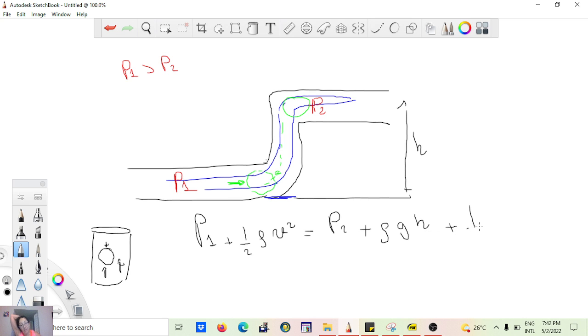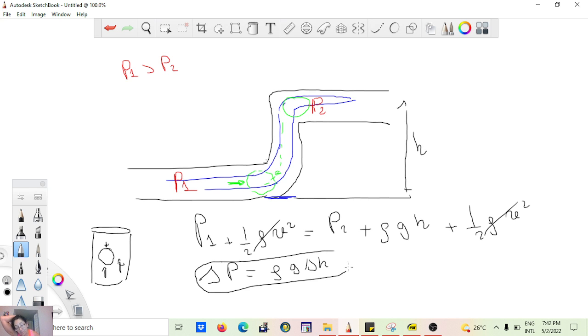And the same kinetic energy, maybe it's not gaining kinetic energy, so I can take that out. And again, we have that delta P equals rho g delta h. That we already knew. So that was Bernoulli in a nutshell.